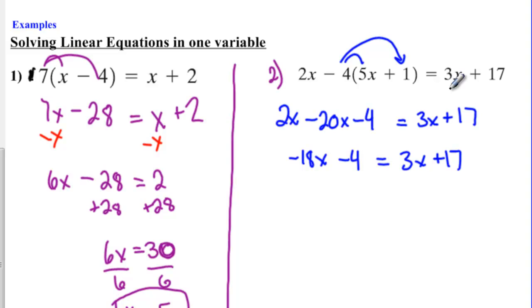And now we're kind of back to what we were already doing on the last one. We're going to move the x's one direction, the numbers the other. I'm going to choose to move the x's to the right to keep them positive. You don't have to always have them positive. I just find it helps alleviate some sign errors. And move the 17 over.